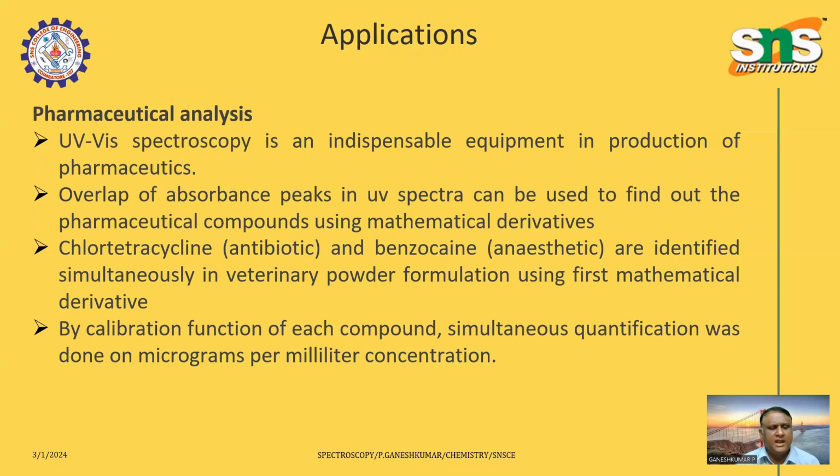For example, an antibiotic, chlorotetracycline, and an anesthetic, benzocaine, are identified simultaneously in a veterinary powder formulation using the first mathematical derivative. By the calibration function of each compound, simultaneous quantification was done at micrograms per milliliter concentration.